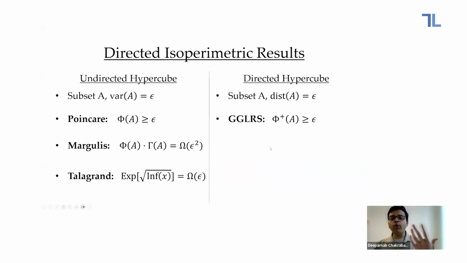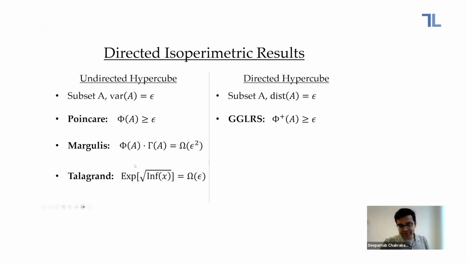This statement qualitatively says that the world either looks like there are lots of edges spread across lots of vertices, which is this is large and this is large. But if the vertex boundary is small, then there are actually many more edges leaving. So it's a much more nuanced statement than what just Poincare says.